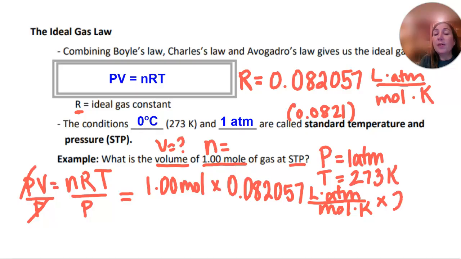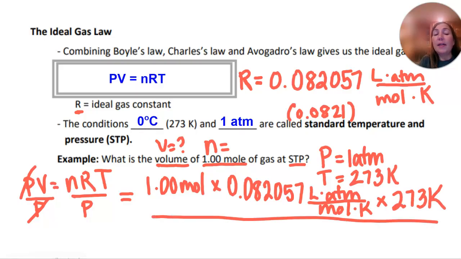And we're going to multiply by 273 Kelvin, and then divide by the standard pressure of 1 atm. I'll show you what I mean by those units. Kelvin cancels with Kelvin, atm cancels with atm, and mole cancels with mole. So all of the units of the gas constant have canceled out except liters. And that's great because I was solving for a volume, so my volume is going to be in liters.